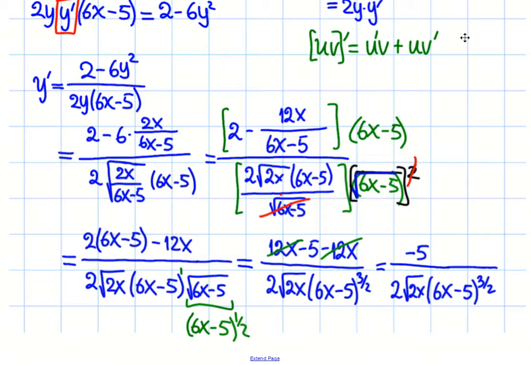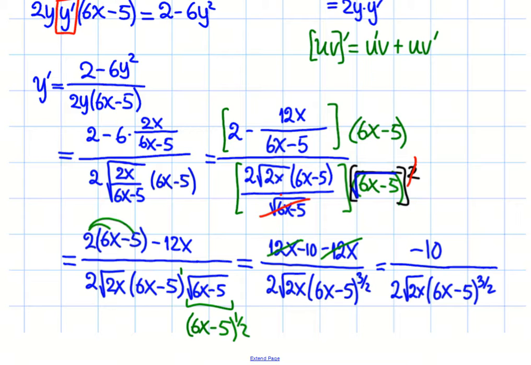Actually, I think we made a mistake at the end, which is very minor. When we multiply them out, this is supposed to be negative 10. So this will be negative 10, like that.